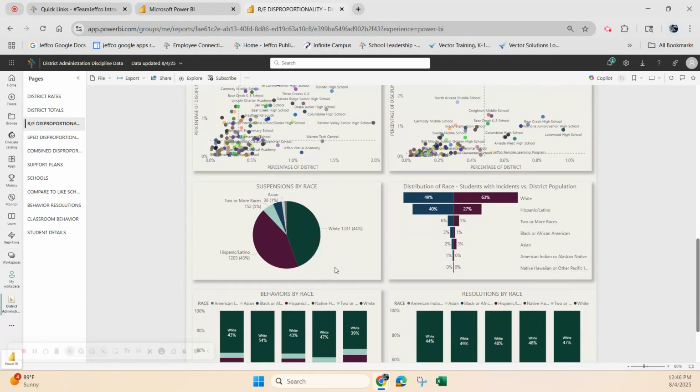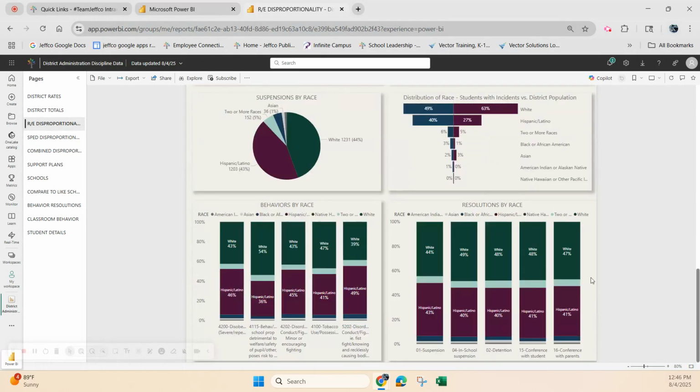Again, this is district data. Students with an incident versus the whole district population. And then these last 2 tiles are behaviors and resolutions by race. It does the top 5 in order, so 4,200 is the most frequent behavior that we see, and suspension is the most common resolution when we break it down by race.